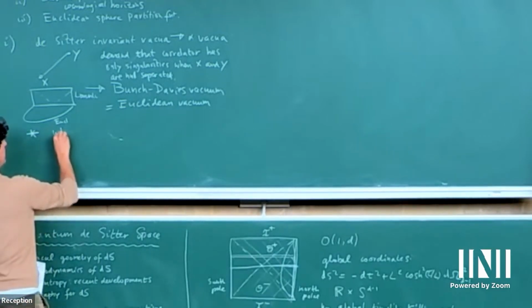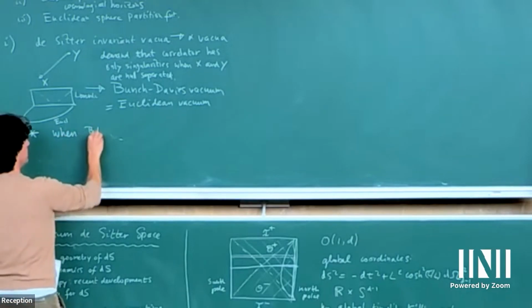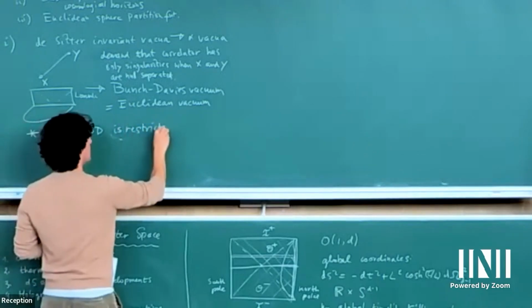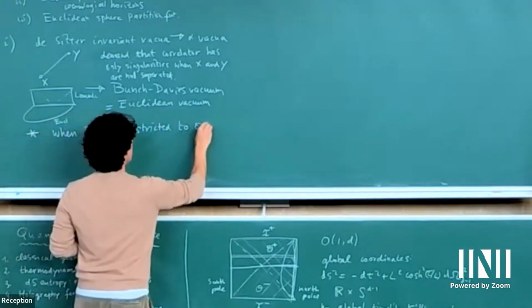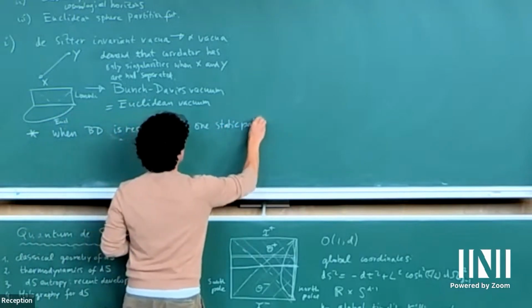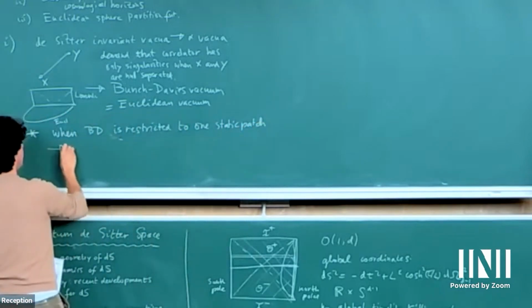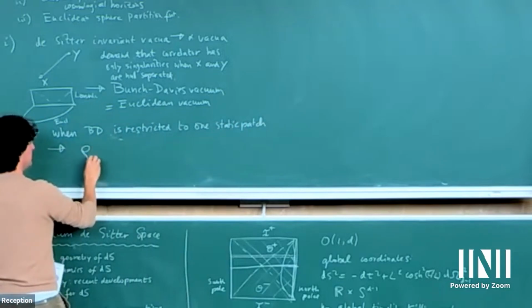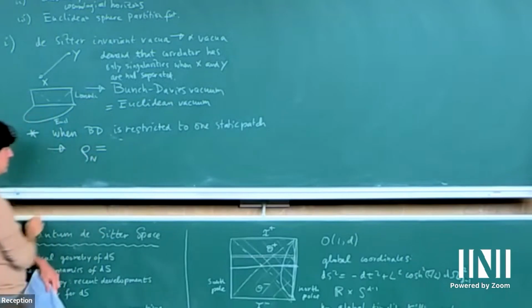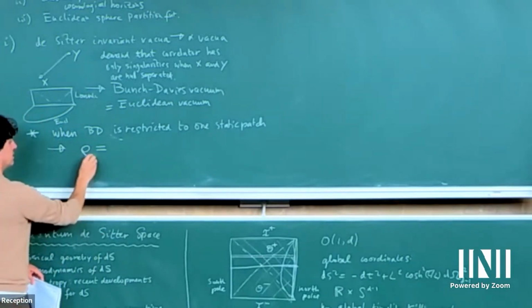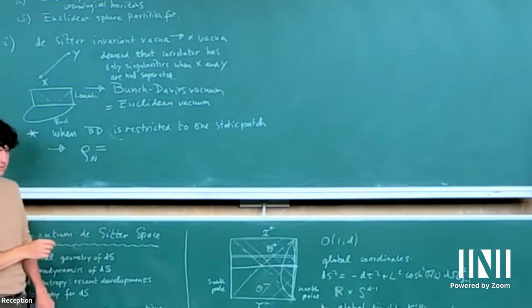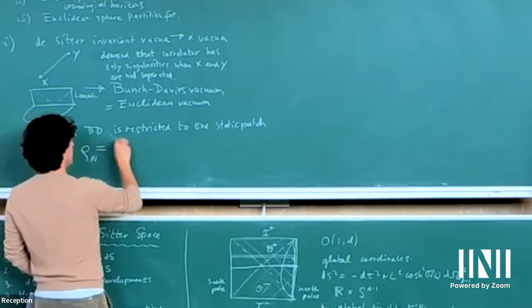So when restricted to one static patch, you get a thermal density matrix, let's say the density matrix associated to the northern static patch.